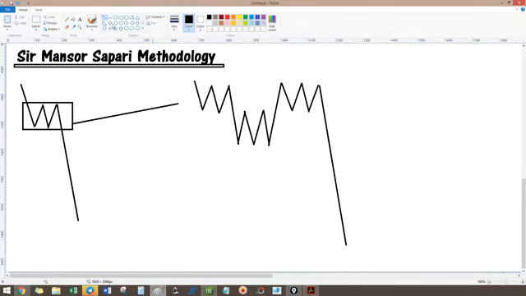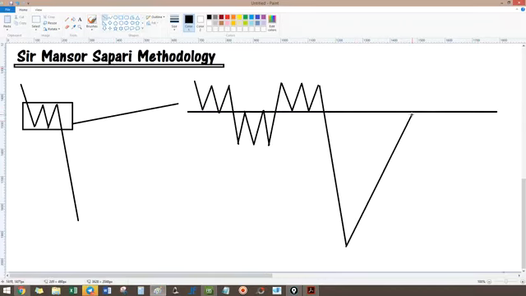Okay, so this level is called a significant support and resistance.